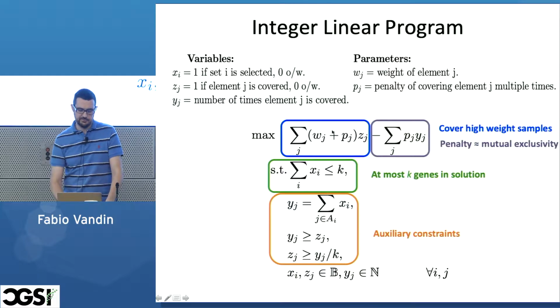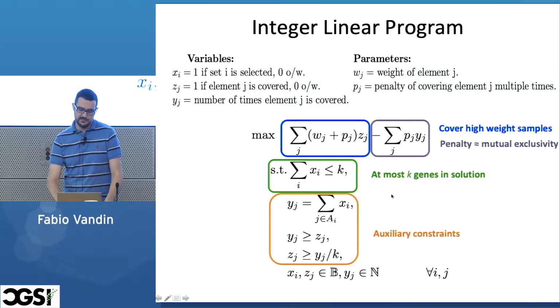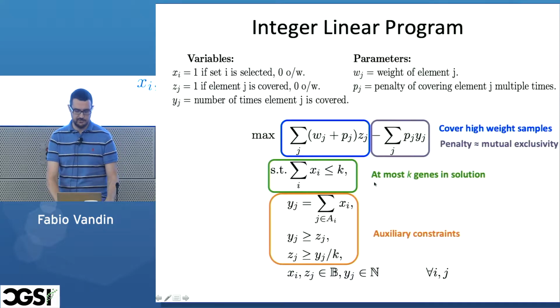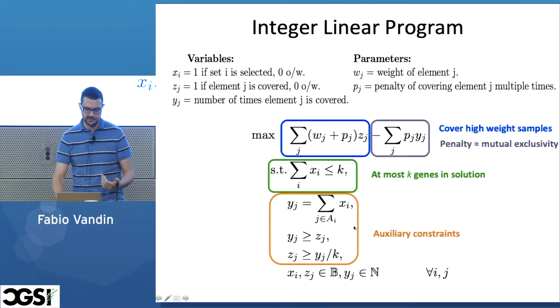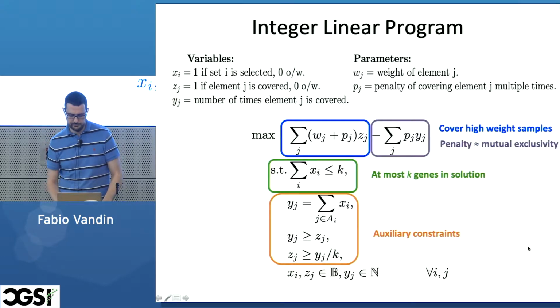So we try to maximize the cover for samples of high weight, and then we also, in our objective function, subtract the penalty, the sum of the penalties for the samples, weighted by the number of times in which we cover each sample. This constraint then tells us that we want at most k genes in our solution, and then there is a set of auxiliary constraints to make sure that what we report is actually a valid solution.